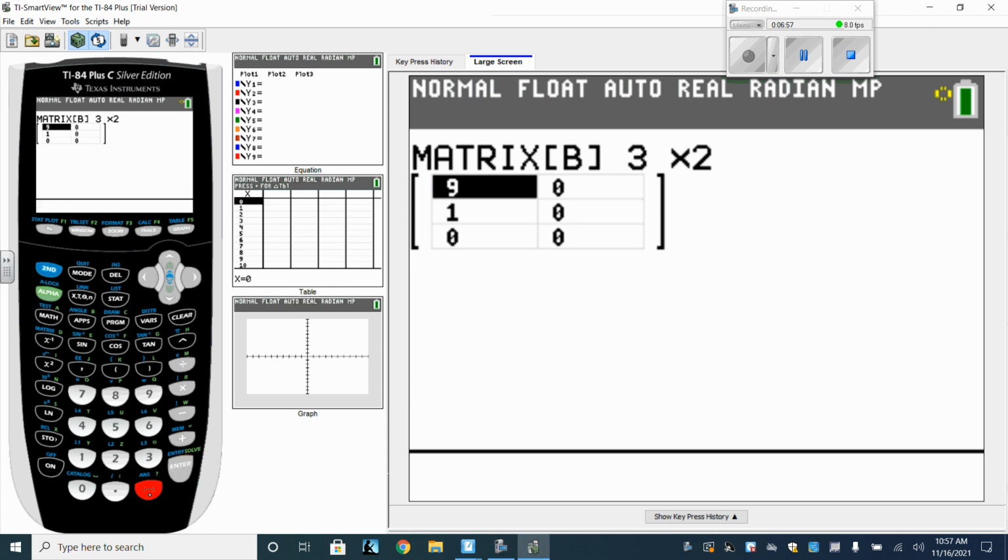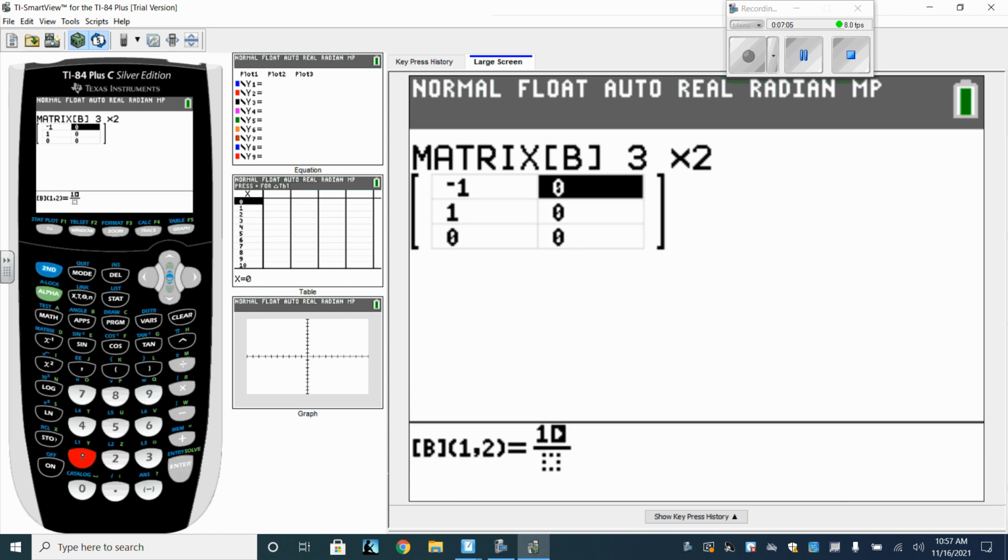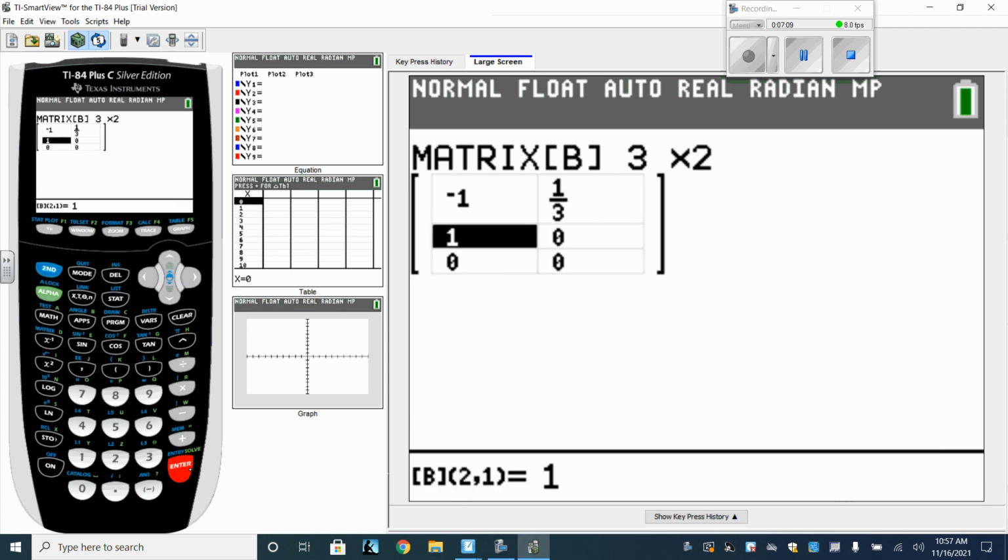So this one here, where you'd have -1. Well, our next number is 1/3, so we can go alpha y equals enter 1/3. Our next number is 0, 2, 2, and 4.